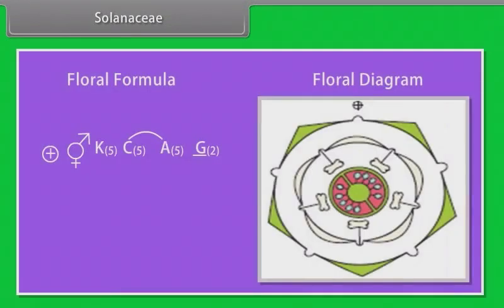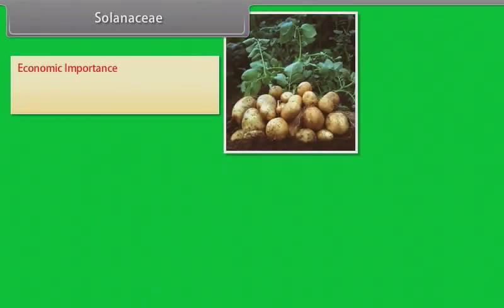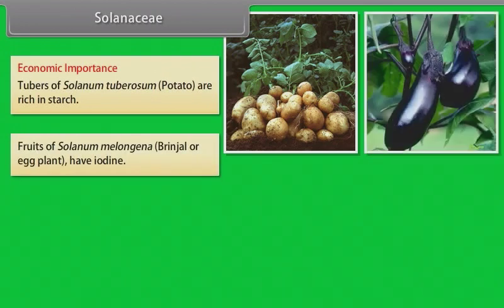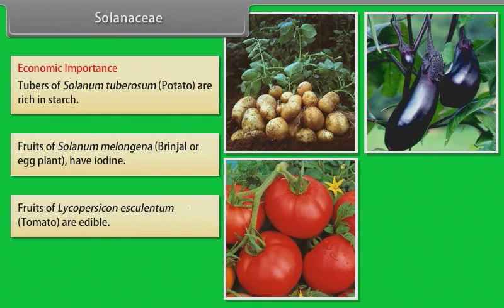Floral formula is shown, and this is the floral diagram. Economic importance. Tubers of Solanum tuberosum, potato, are rich in starch. Fruits of Solanum melongena, brinjal or eggplant, are edible. Fruits of Lycopersicon esculentum, tomato, are edible.